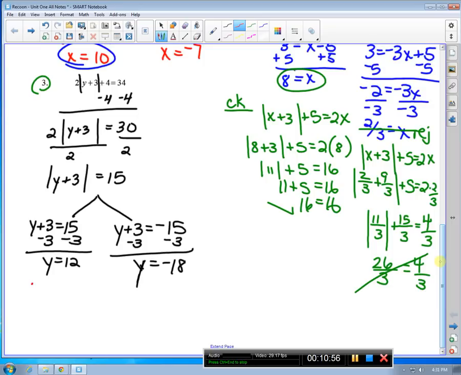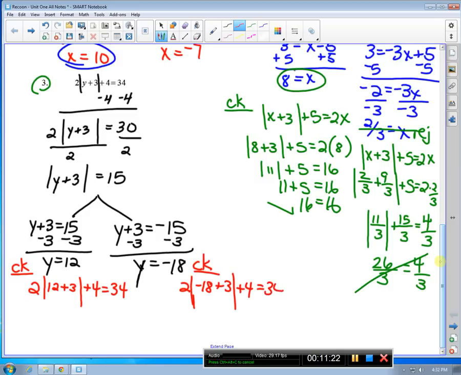So the original 2, absolute value of y plus 3 plus 4 equals 34. We'll check that. And we will check 2, absolute value of negative 18 plus 3 plus 4 equals 34.